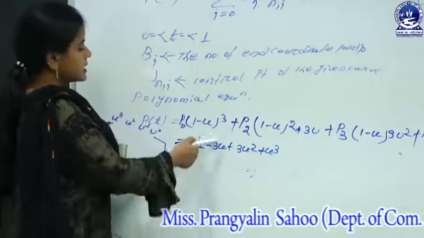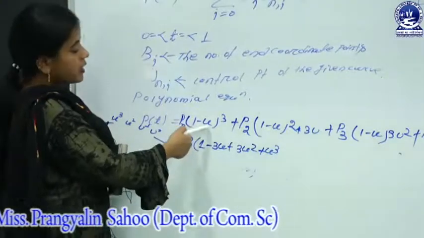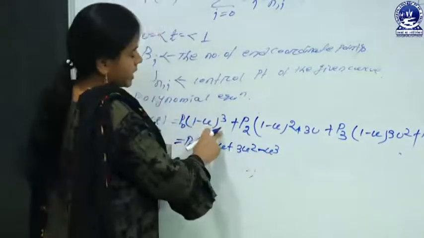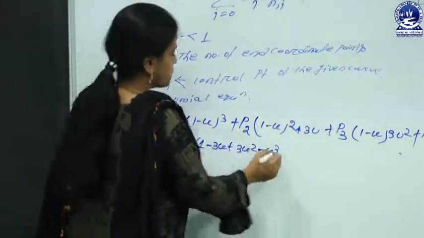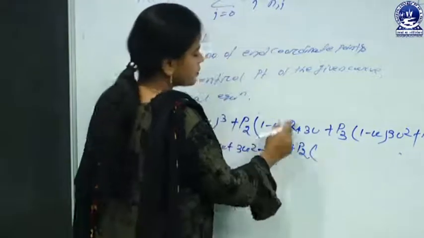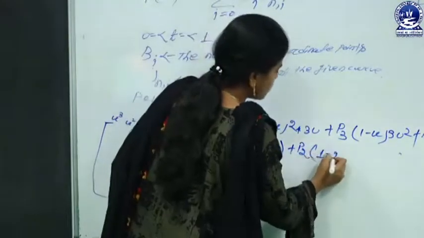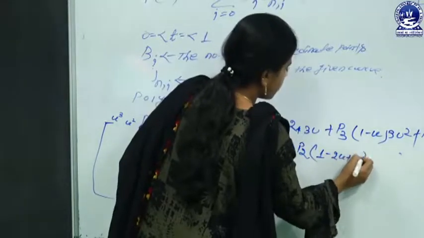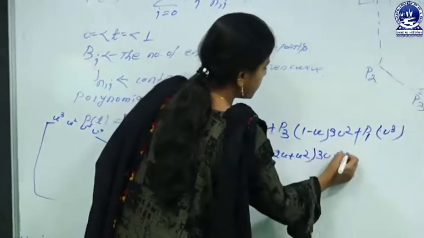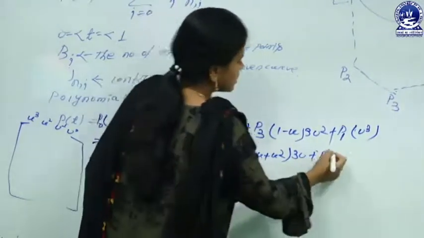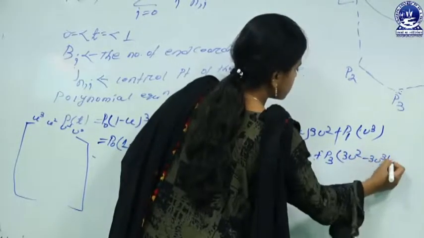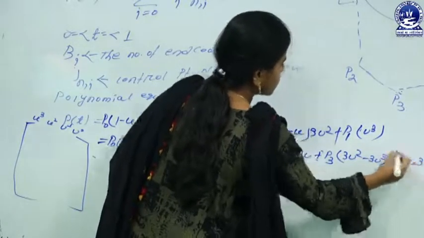Okay, as here that defines (1 minus u) whole cube, so here the second value is minus u cube. Then after we have to find the next expression, that's (1 minus u) whole square, 1 minus 2u plus u square, multiplied with 3u. Then next value P3, that's 3u square minus 3u cube, then plus P1 u cube.